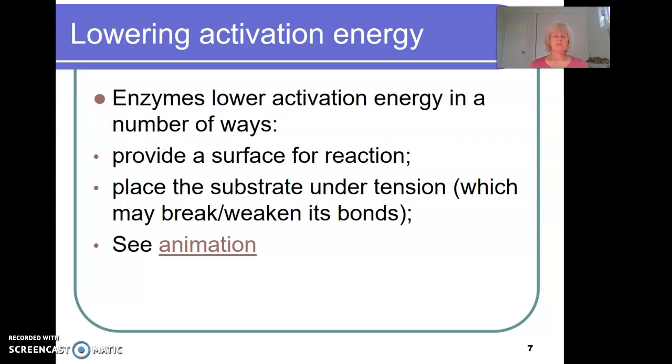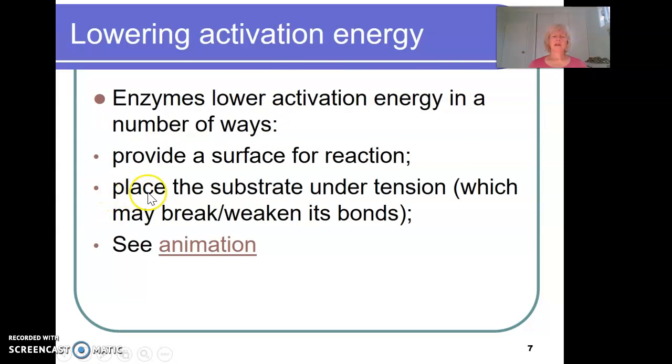And they're all moving around in the cell, and occasionally two of them meet and react. Well, what the enzyme does, it takes in one A, it takes in one B, it puts them in the right orientation, and thereby it makes it a lot easier for these two molecules to react. So it basically brings them together, and it brings them together in the right orientation. And that's what that means, provide a surface for reaction.